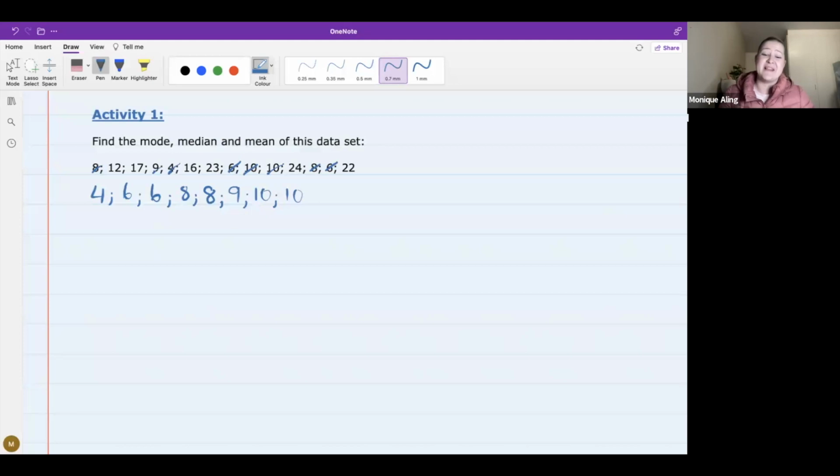Another trick that's handy when you are reordering the number set, maybe cross out the ones you've just put into your new order, so you can see which ones are still left over, and that helps you not forget any values, because it can be easy to forget one.